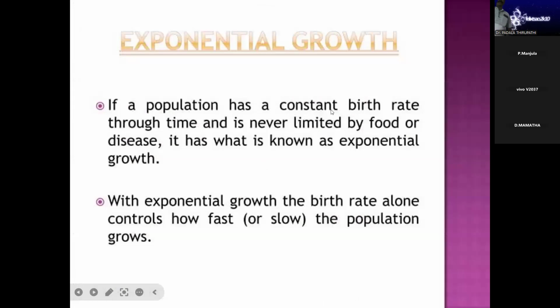Exponential growth: if your population has a constant birth rate through time and is never limited by food or diseases, it is known as the exponential growth curve. With exponential growth, the birth rate alone controls how fast the population grows.